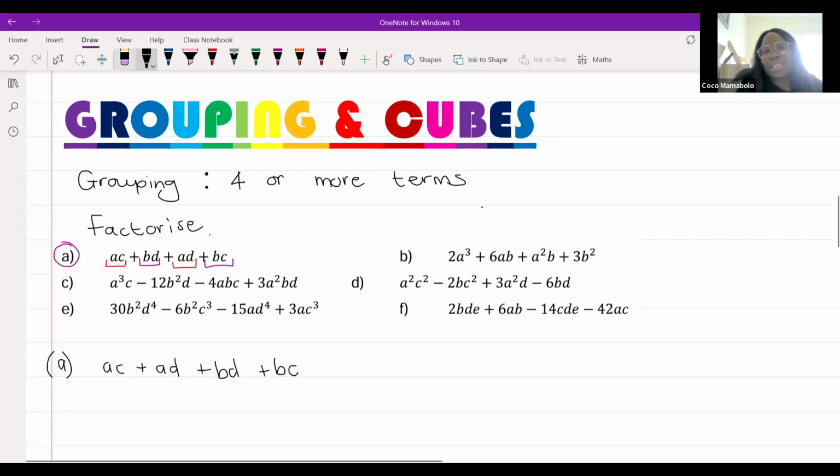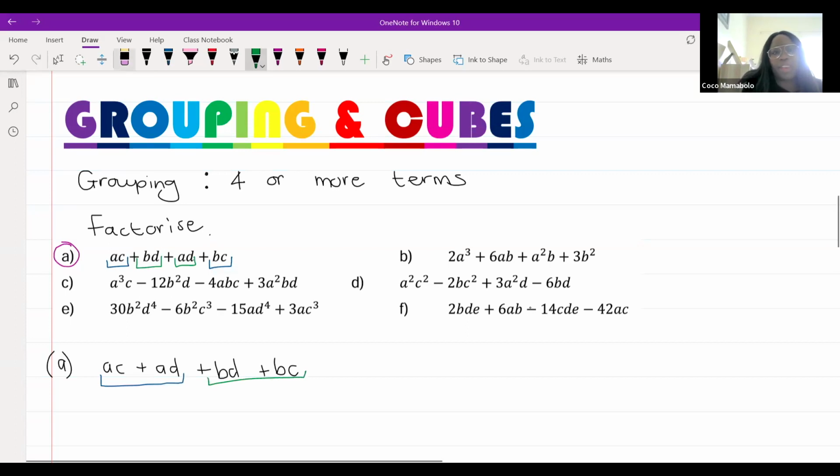Now you can do it Mandisa's way, and first write AC and then plus BC, and then write plus BD plus AD, because those two will have something in common as well. So you can choose whatever order you want to write them in. Now I know that these 2 have a highest common factor, and these 2 have a highest common factor.